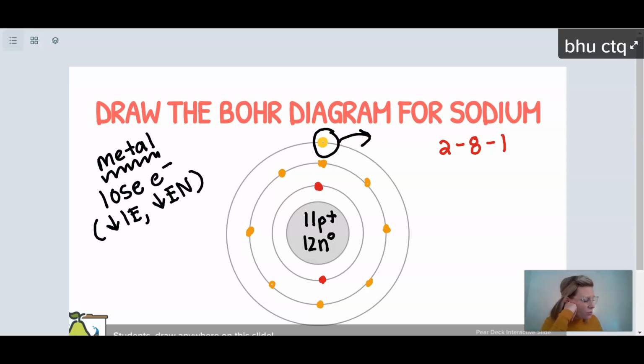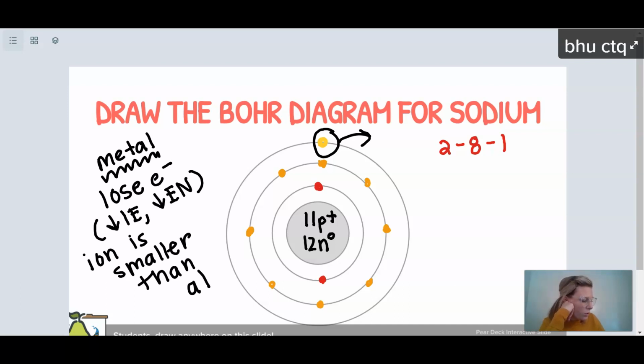Now, something that I do want to note is that when we lose this valence electron, remember that the ion that we form is smaller than the atom, okay?